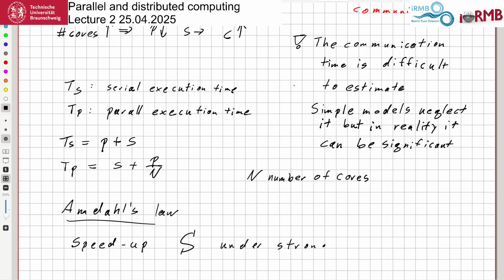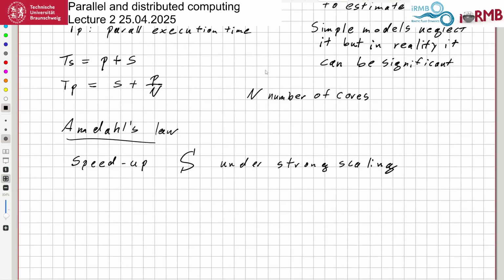Strong scaling is where the problem size is the same and the resources are increased. So this speed up is defined as the time that we need to serially run the problem divided by the time that is needed when we run it in parallel.